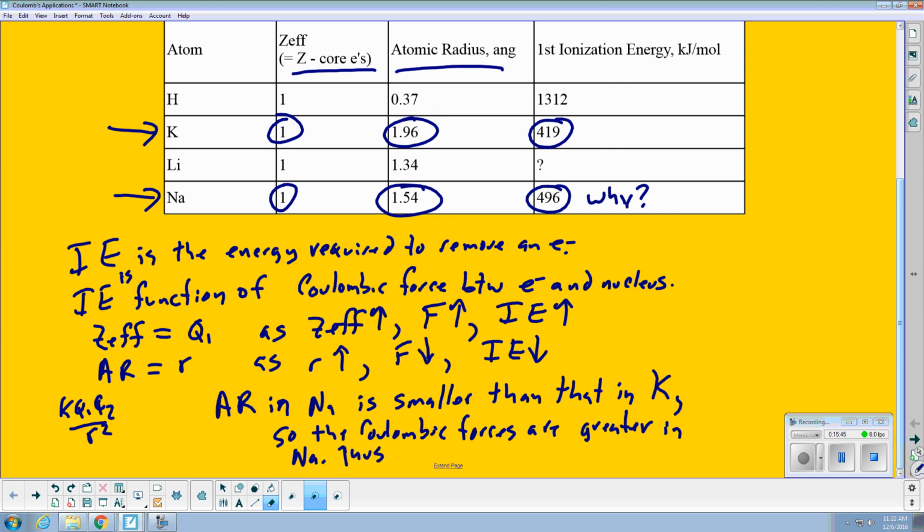Thus, sodium has a higher ionization energy. Great. Now, at some point, you may want to, for the AP reader, explain your Coulombic attractions as we did here. Make sure you clarify to the reader that you know what you're talking about with these Coulombic attractions. All right? So good. I think we've clarified it, right? Sodium, the atomic radius of sodium is smaller than that in potassium, so the Coulombic forces are greater in sodium. Thus, sodium has a higher ionization energy.